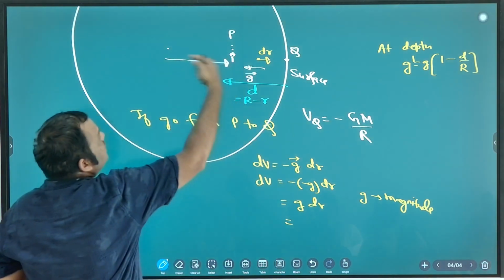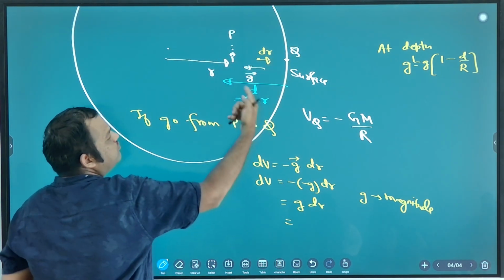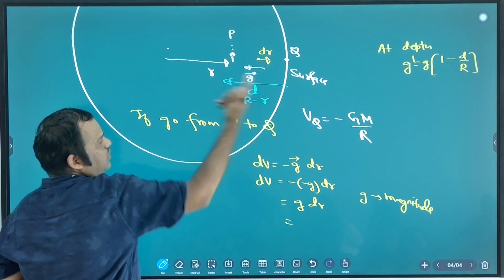The distance from the center is small r, and the distance from the surface is d. So d is capital R minus small r.